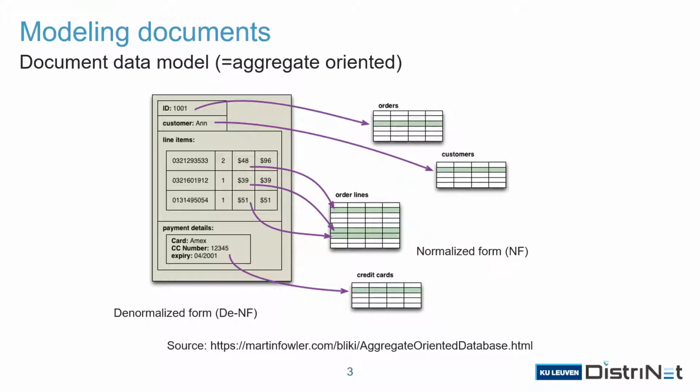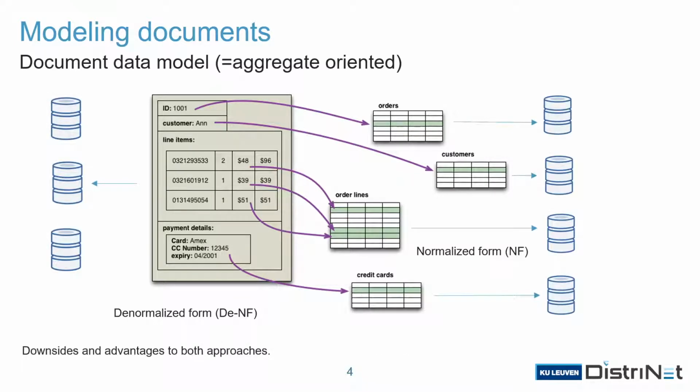So it's not split across several tables as is common in the normalized form, but it's kept together. And the reason for this is that it's typically stored on a single node. So now when this information is retrieved, it can be done via a single lookup on a single physical node, rather than joining all this information together from physical nodes from the different tables.